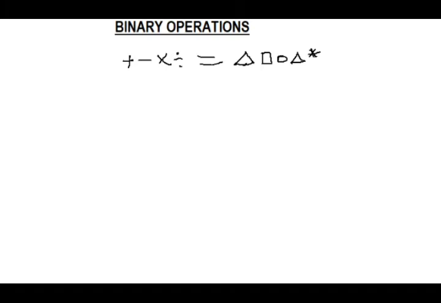Now, someone will ask, what is binary operation? It is a symbol or sign that is used to combine two elements of a set according to some clearly defined rules. These symbols are what they are talking about, and they will define how to use these very symbols. Is it clear?